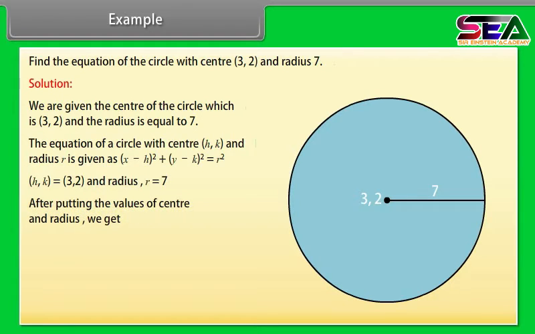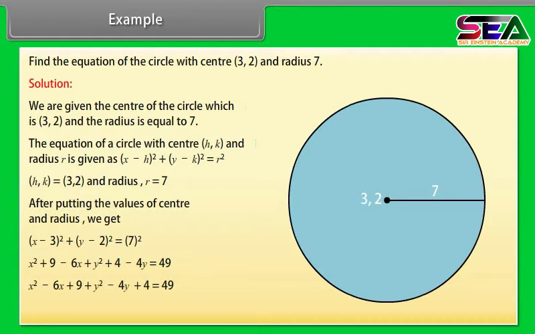After putting the values of center and radius, we get (x - 3) whole square plus (y - 2) whole square is equal to 7 square. By calculating it, we get x square plus y square minus 6x minus 4y is equal to 36.